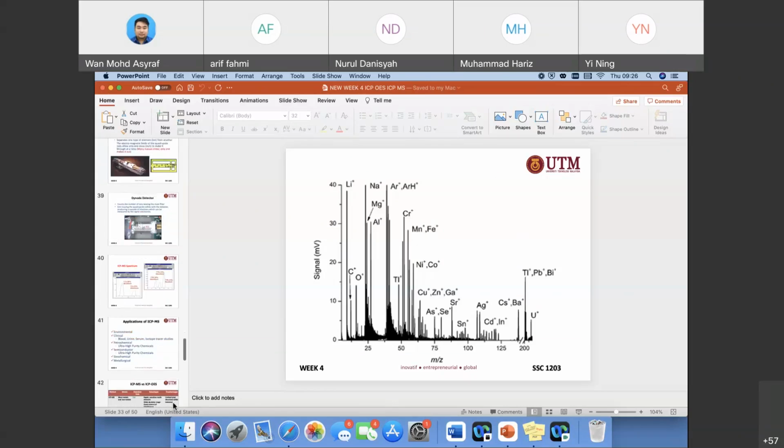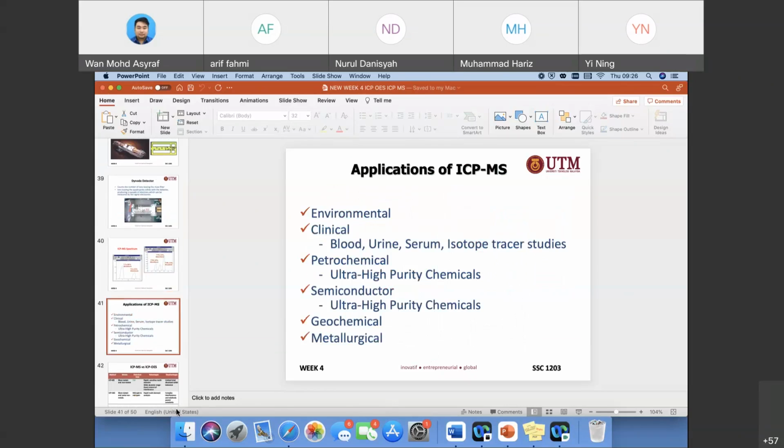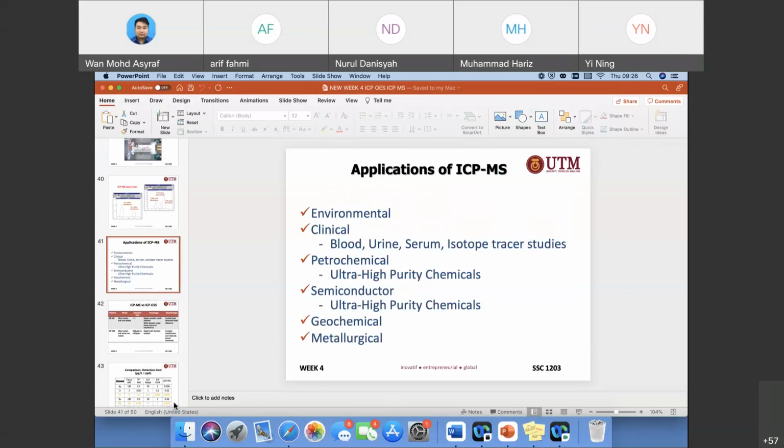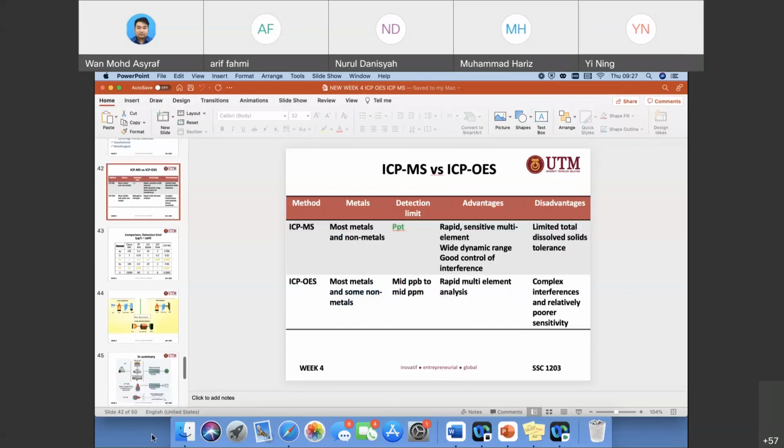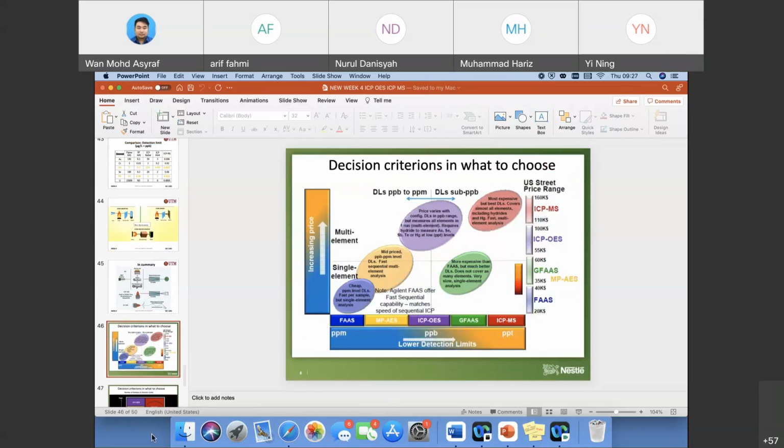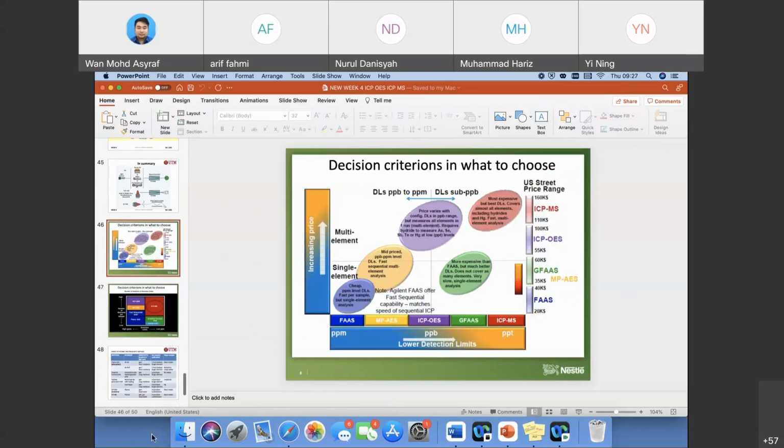Right. So, and then what are the applications of ICP-MS? Okay, what are the differences between ICP-MS and ICP-OES? What are the advantages, what are the disadvantages? So you need to know, right? And then lastly, we have looked into the criteria on how you are going to choose for both.